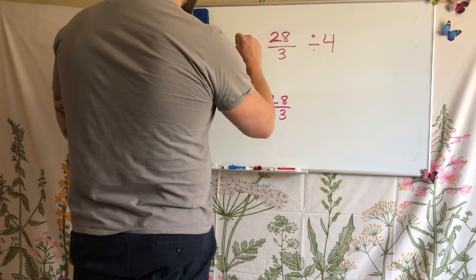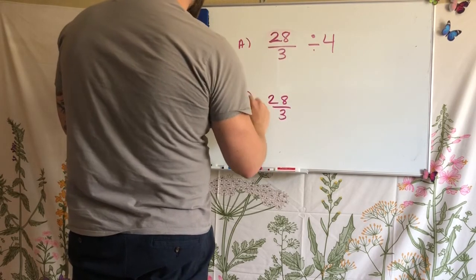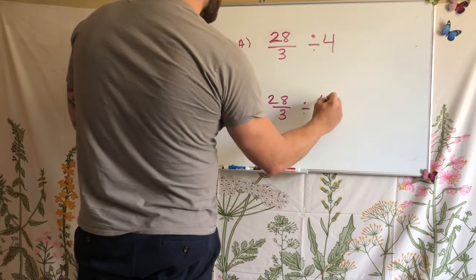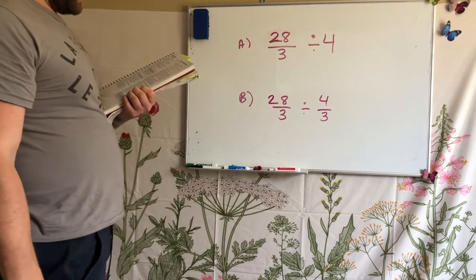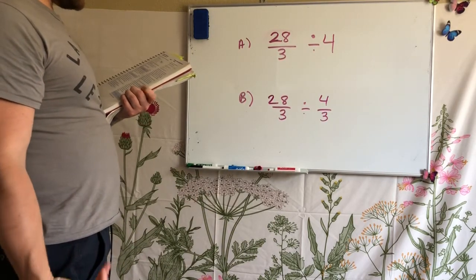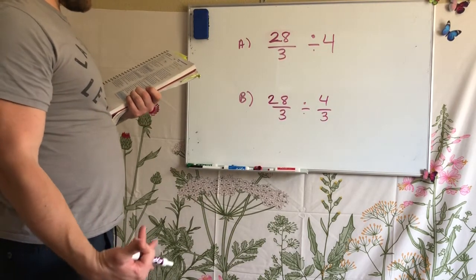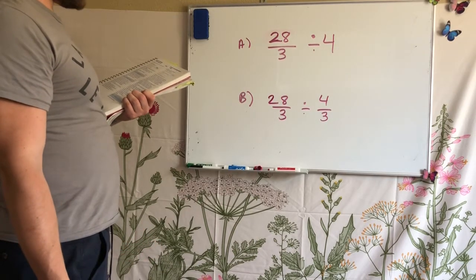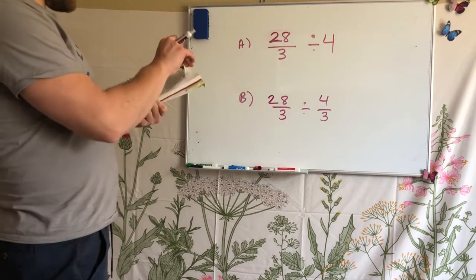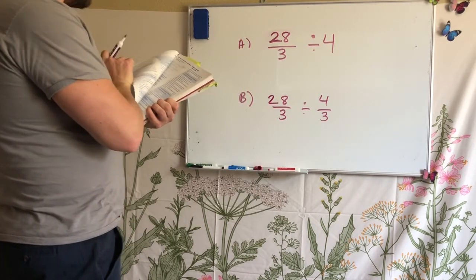This is A. This is B. Work problem A. Remember to simplify and write your answer as a mixed number and a unit name. So, pause the video now and work problem A and problem B.